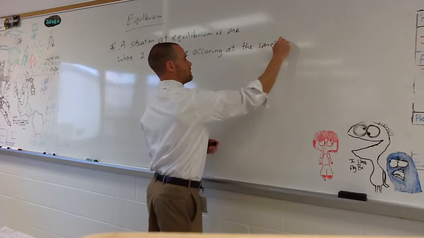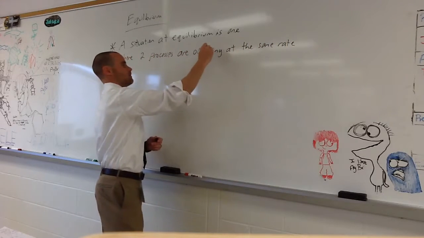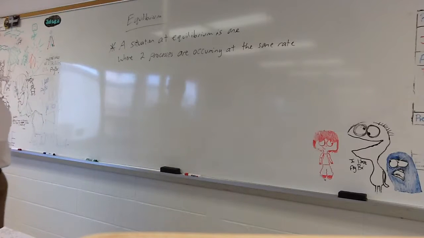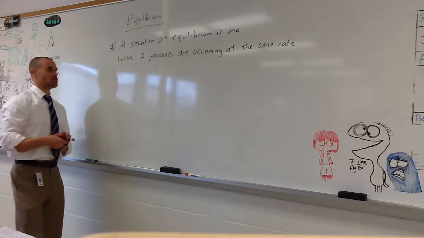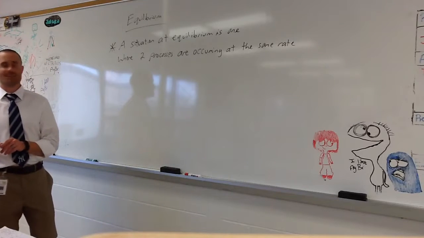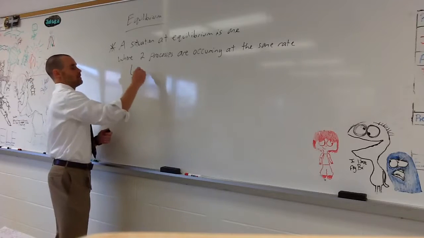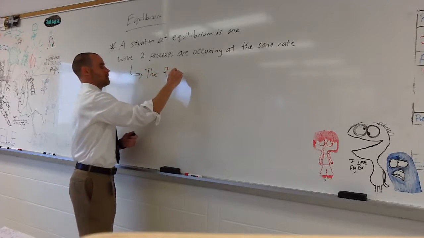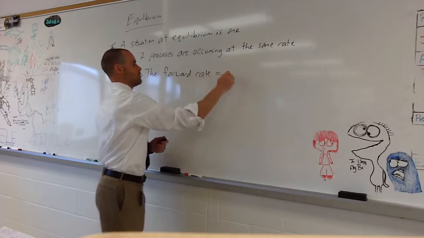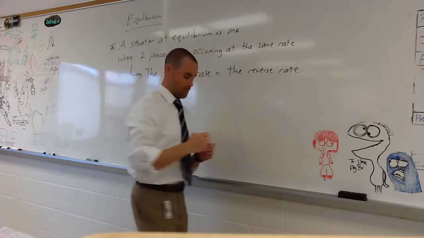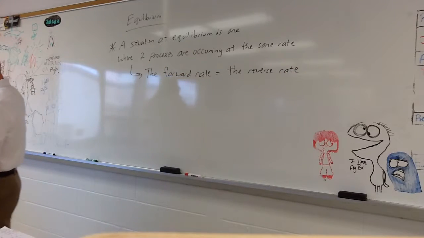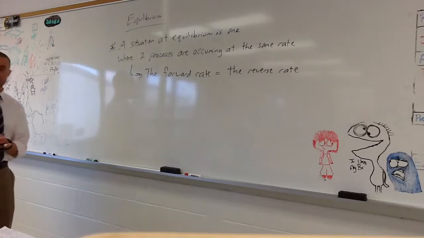Oh my gosh, I'm going to spell equilibrium wrong forever. A situation at equilibrium is one where 2 processes are occurring at the same rate. The forward rate equals the reverse rate. That's very important. That is the definition of equilibrium.